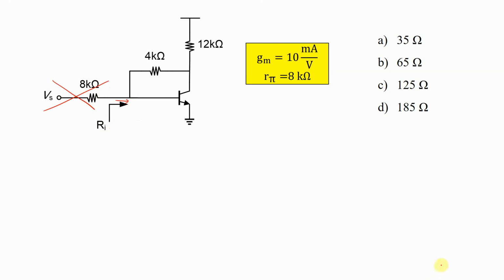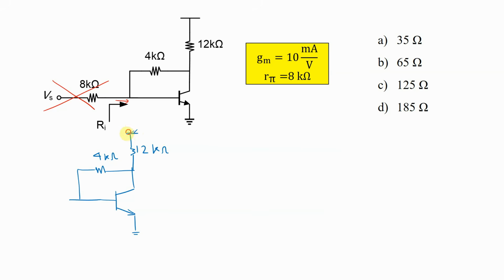I'm going to redraw the simplified circuit here to better see what we're going to do. This is our BJT NPN transistor. This is our 4 kilo ohm resistor, and this is our 12 kilo ohm resistor.